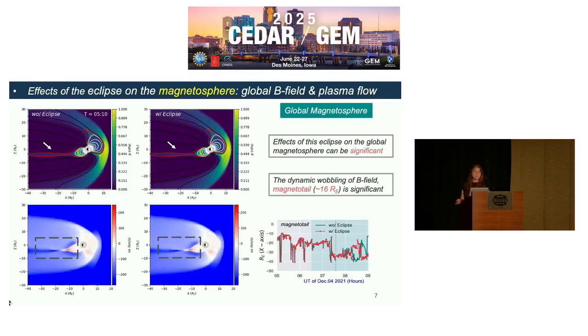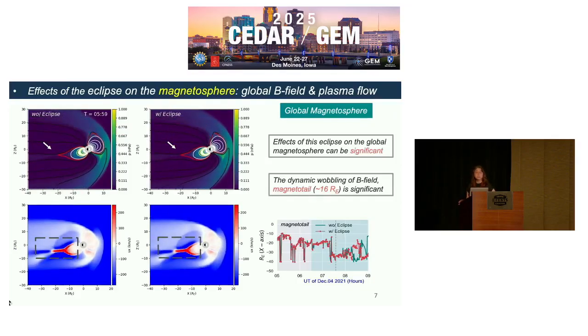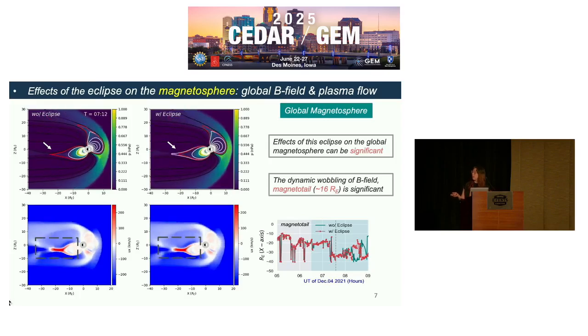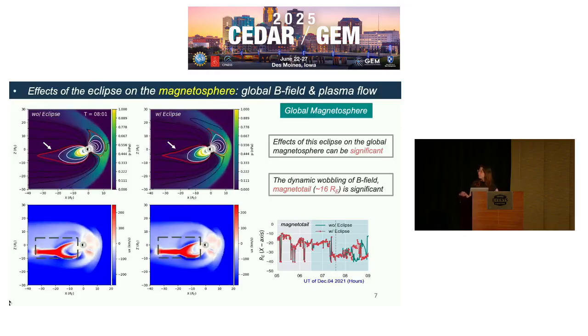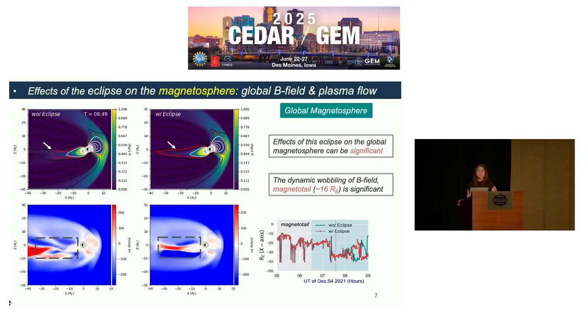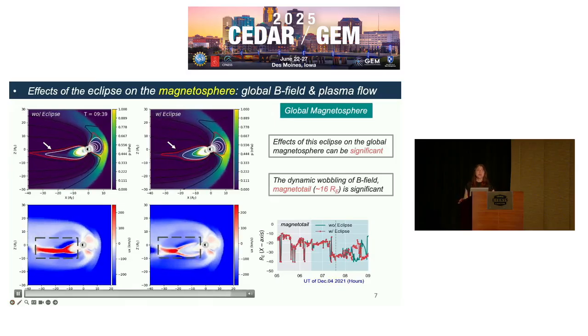Then if you look at the configuration of the magnetosphere, here is just a movie that shows the plasma pressure and also ion drift in the anti-sunward direction. The difference may vary from moment to moment, but at a certain time they're definitely not identical.